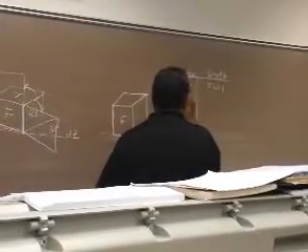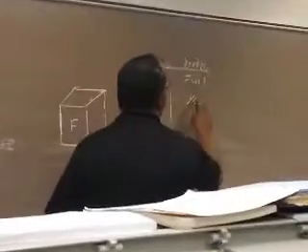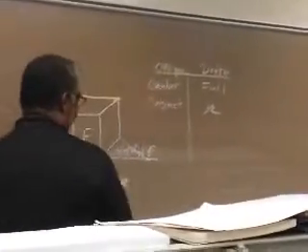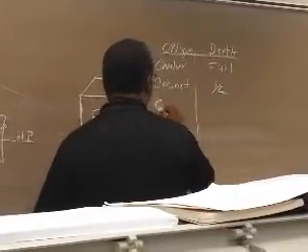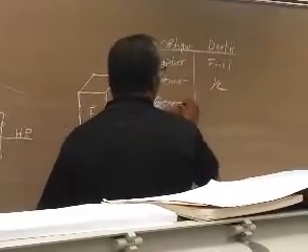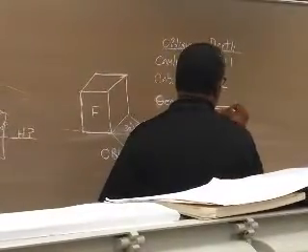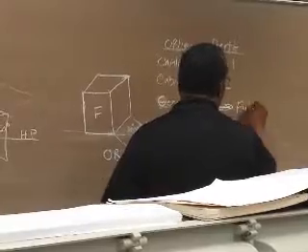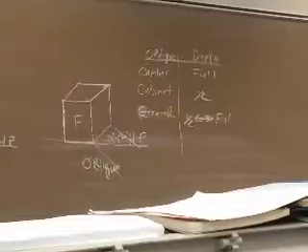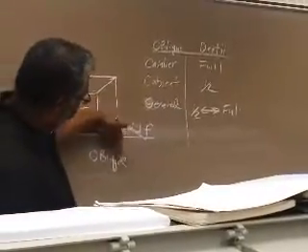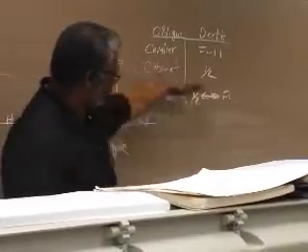With a cabinet, you're going back half distance on the depth. Everything is half. And then with a general, you're going back between half and full. That determines whether this is a cavalier, a cabinet, or a general.